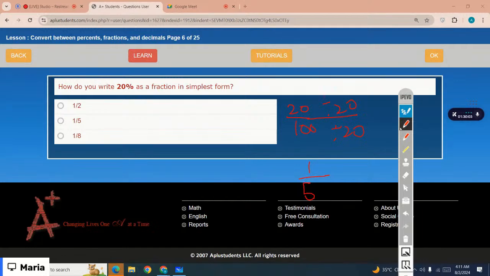So the correct option is 1 over 5. Option number 2 is the correct option.